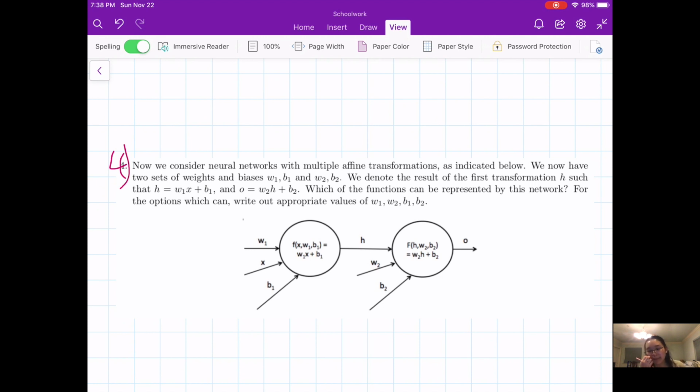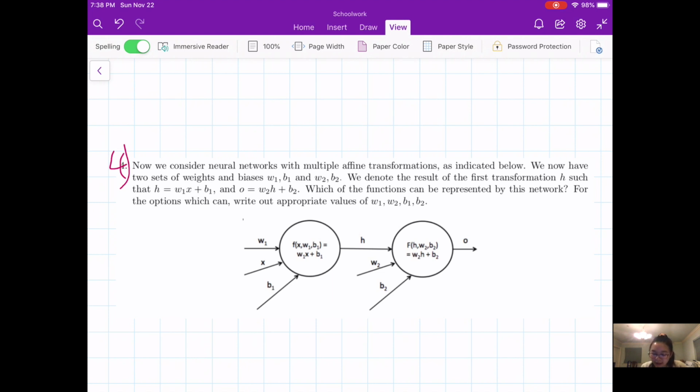Something to remember is that if you don't add any nonlinearity, no matter how many nodes you have, you will only be able to represent linear or affine functions. Even if you have multiple affine nodes together, you can still only represent an affine function. You just need to update your exact parameters accordingly. But since you are not introducing any nonlinearity, nonlinear functions are still not available to you.